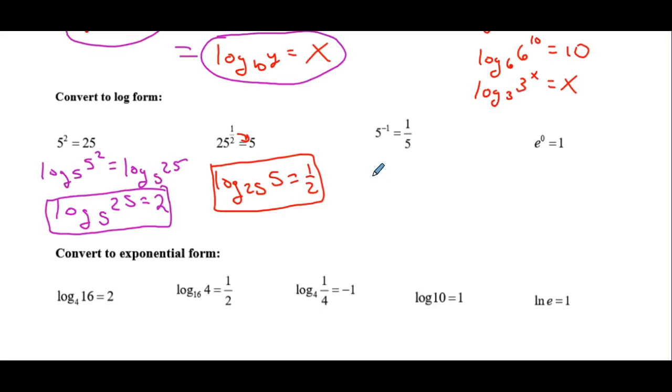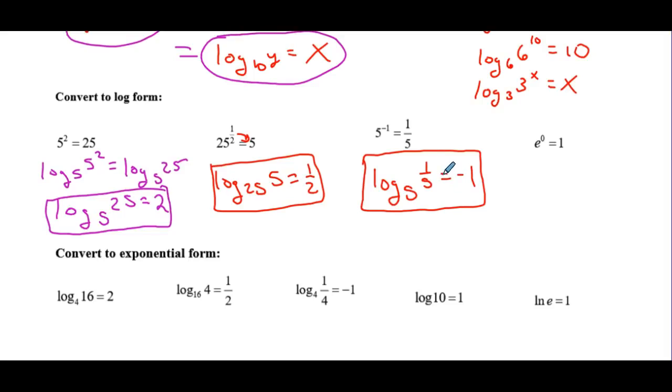So if I'm going to rewrite this, it would be log base 5 of 1/5 is equal to -1. Now remember, some of you might say, hey, you can't have negatives. It's okay in this scenario. Remember, you can't have a negative base, and you can't take the log of a negative number.